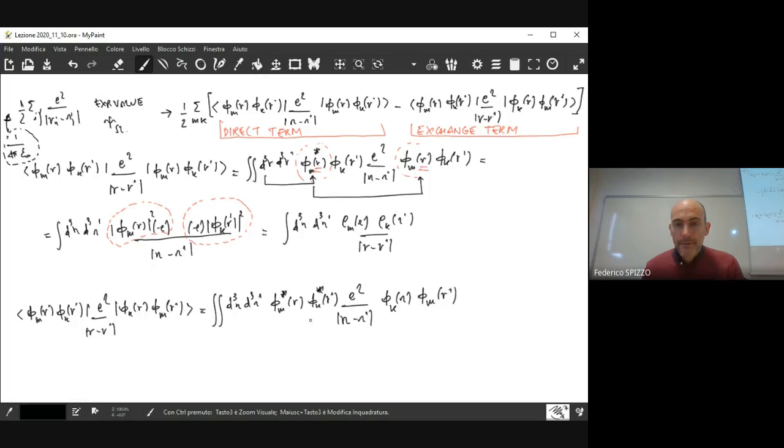If you notice here, when we consider the r coordinate that rules the product among the wave functions, we have level m conjugated on the left side and level k non-conjugated on the other side. So when we consider these two levels, they correspond to the same electron. So on the right side of the product, one electron is in level k.